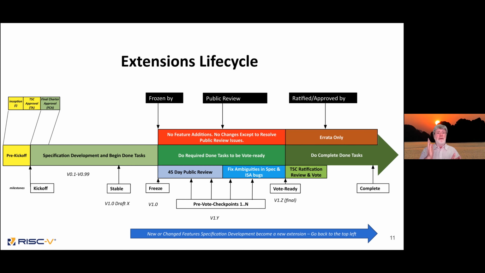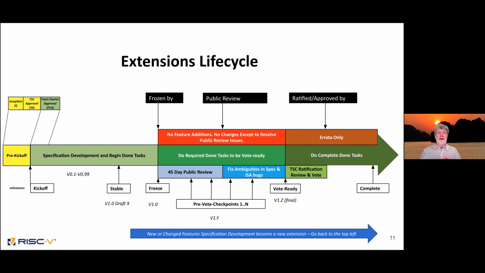The freeze is where we actually freeze the spec and it goes to public review. The intent is for it not to change. We know reality isn't that. So there are checkpoints in between the freeze and the vote ready that people can do if there's some changes. But if people are doing major changes, then we throw them back into the development cycle and start over again.